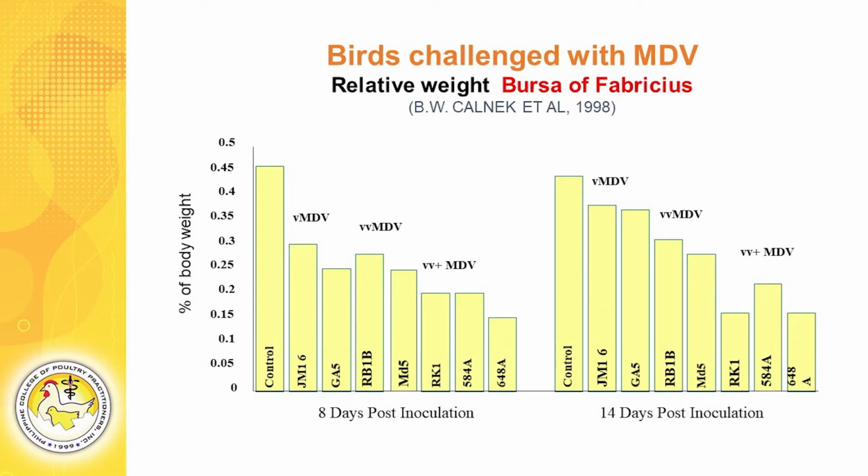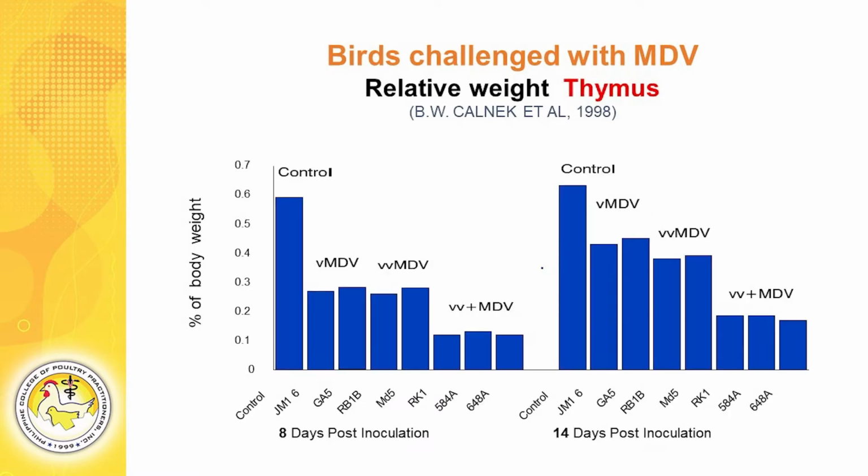And the more virulent the virus is, the higher the reduction of the weight of the bursa of Fabricius at 8 and 14 days of age. And something similar we see in the next slide, in which the weight of the thymus is shown.